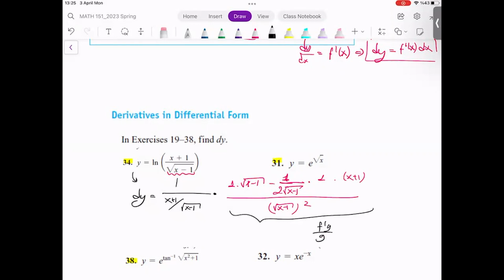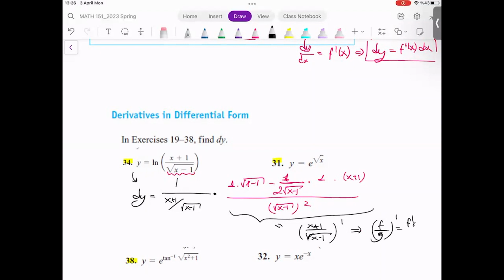f prime g minus, okay, let me just write like this. This is the derivative of the inside part. I will write it like that. This part comes from the derivative of this, x plus 1, square root of x minus 1 derivative. And to take the derivative of this, we apply the quotient rule.